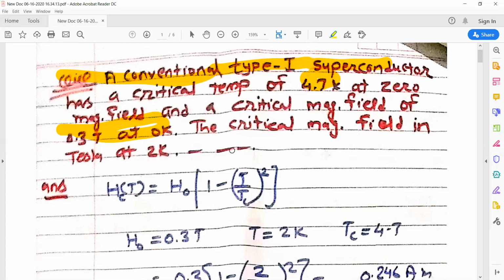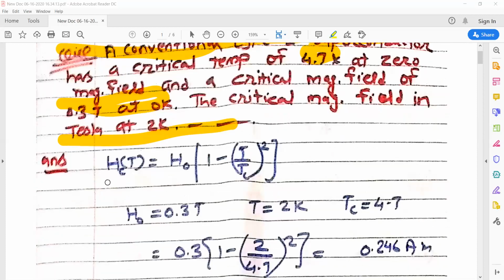At 2 Kelvin we need to find the critical magnetic field, so here T is 2 Kelvin. Below that means at that particular temperature the superconducting state exists. So this is temperature 2 Kelvin, critical magnetic field required, and the critical temperature is given, Tc is equal to 4.7, and this is the Hc(0).